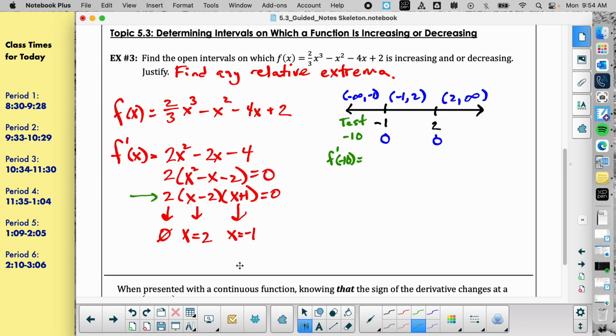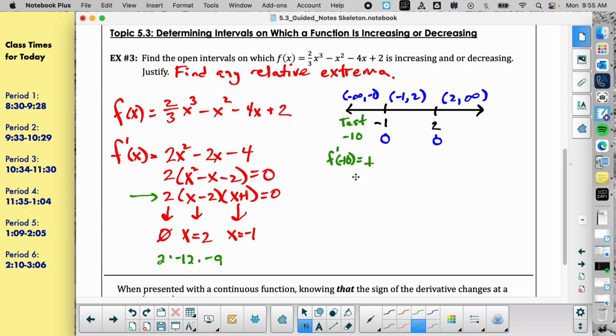That's why I like picking the bigger numbers. 2 times -12 times -9 would give me a positive answer. So all I care about is that this section has a positive slope. I don't care about the number. The entire section is going to have positive slopes.